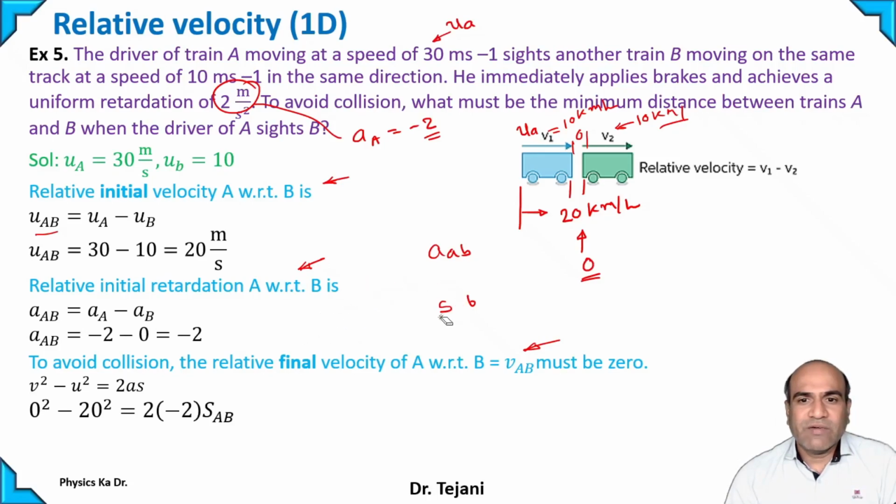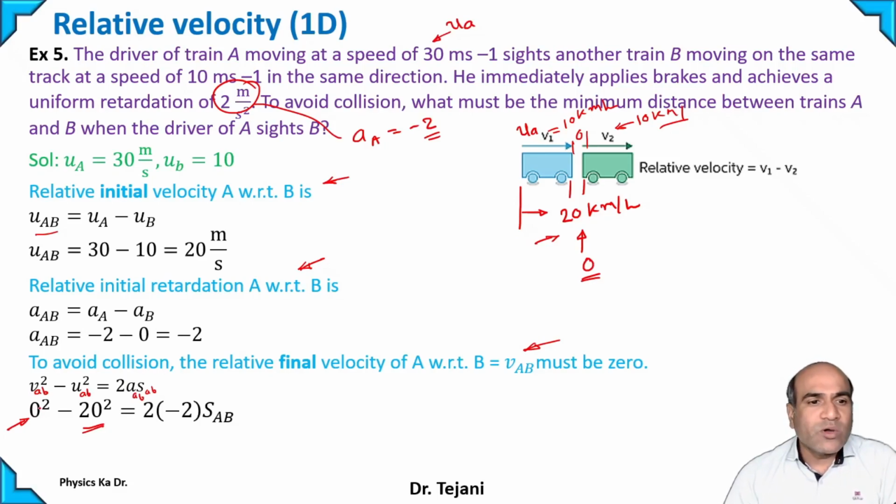So the final relative velocity should be 0, that is VAB, then UAB, AAB and SAB. The initial relative velocity was 20, so u square becomes 20 square.